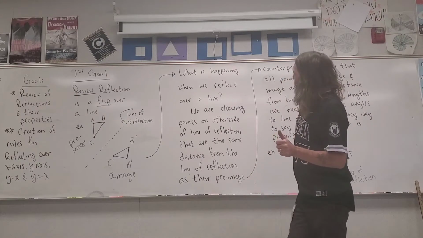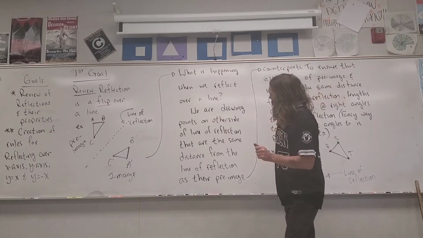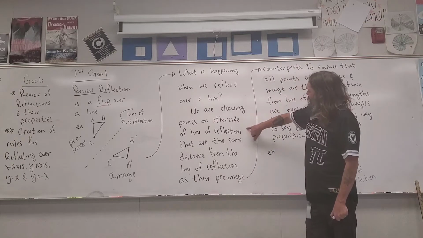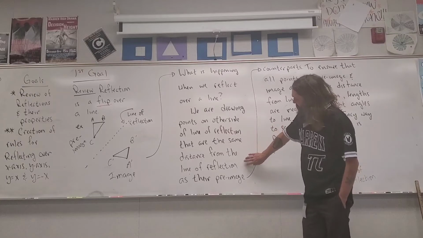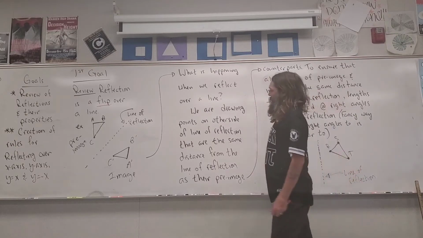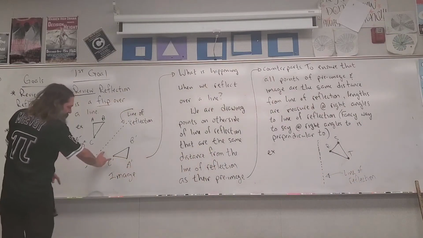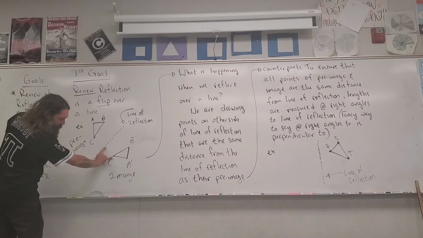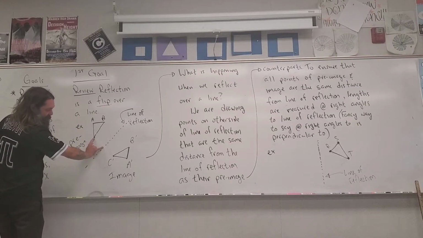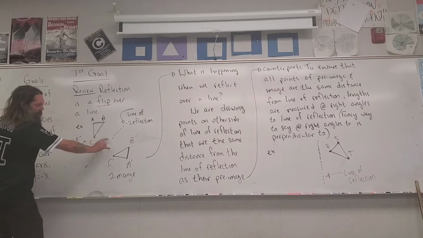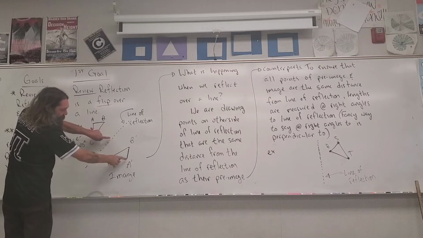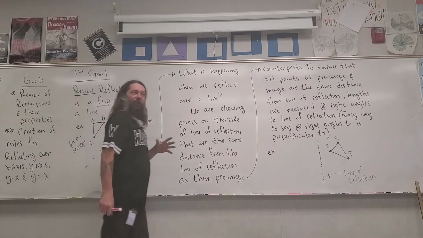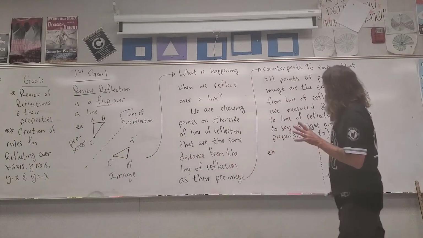So what is happening when we reflect over a line? We are drawing points on the other side of the line of reflection that are the same distance from the line of reflection as their pre-image counterparts. So the distance from C prime to the line of reflection will be the same as the distance from the line of reflection to C. The same thing for B prime and B and A prime and A. So the distances are reflected.